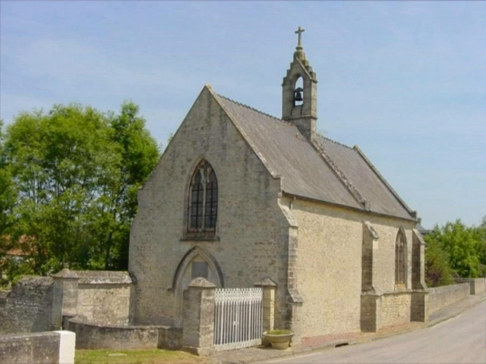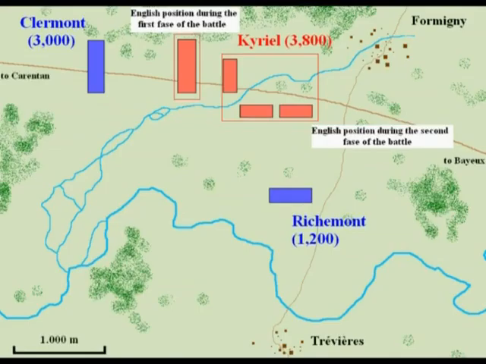What happened is that the French did not stay there to watch their cannons being stolen, and a unit of French men-at-arms is sent to take the cannons back, not to let them be driven away by the English.